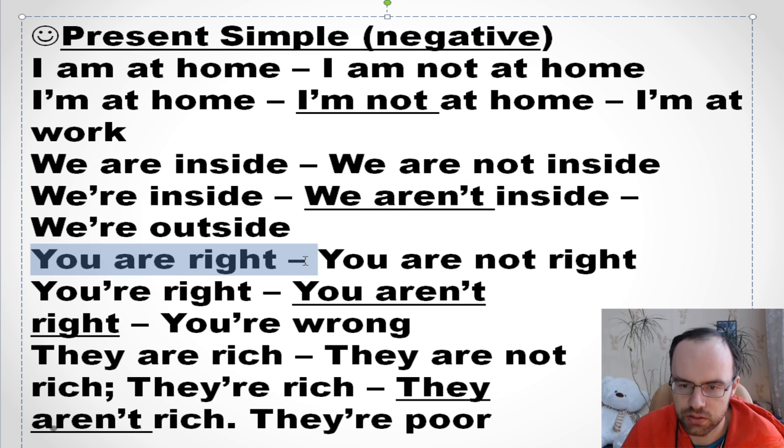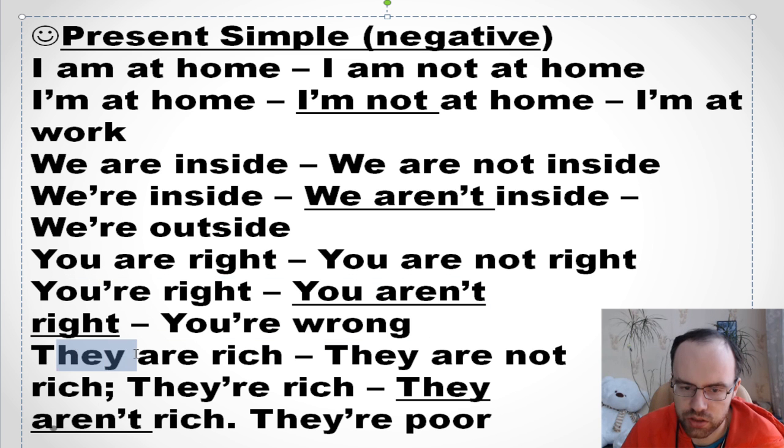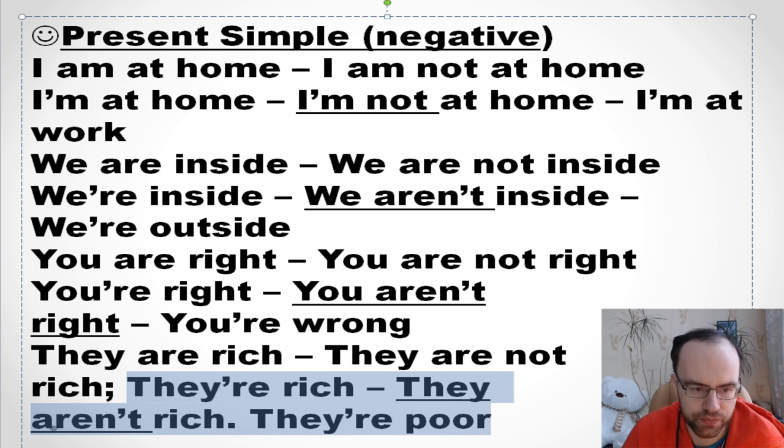You are right. You are not right. Or it can be a short form. You are right. You aren't right. You are wrong. They are rich. They are not rich. Or it can be a short form. They are rich. They aren't rich. They are poor.